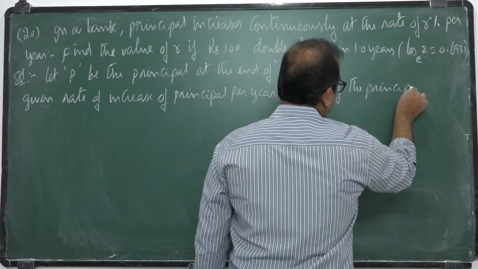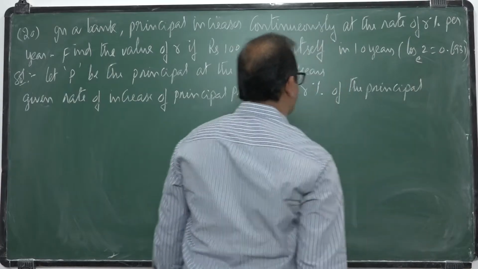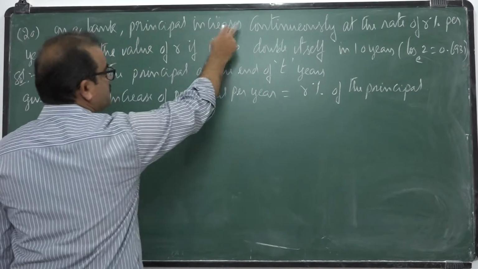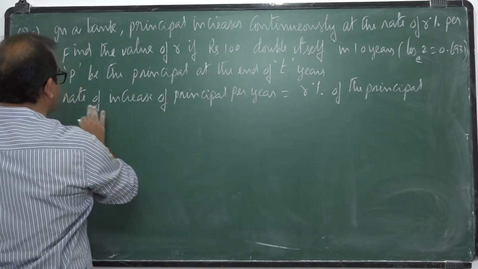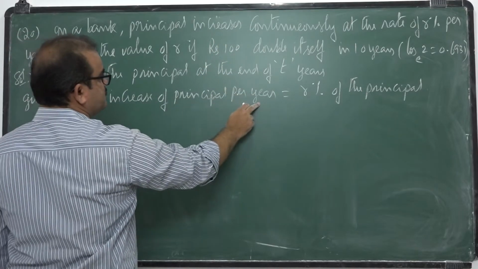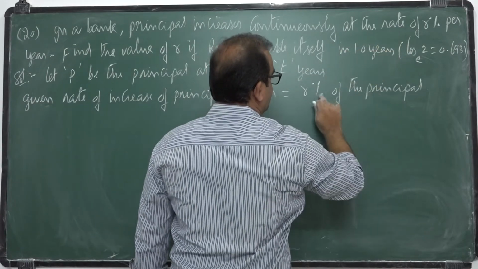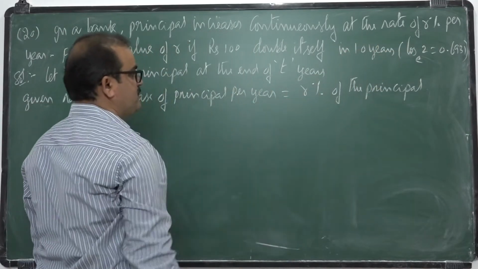R% of the principal value. See, what is the given condition? Principal value increases continuously. So the rate of increase in principal value per year, at what rate does it increase? R percentage of the principal value.